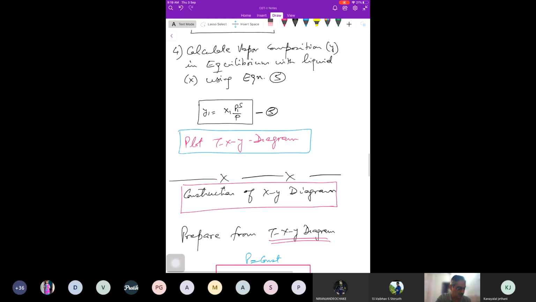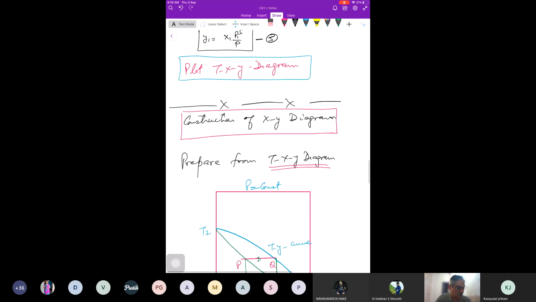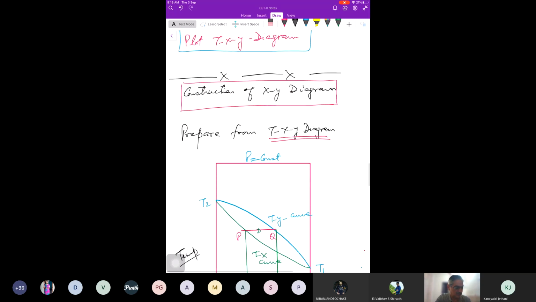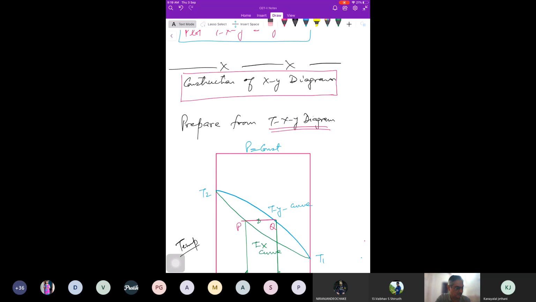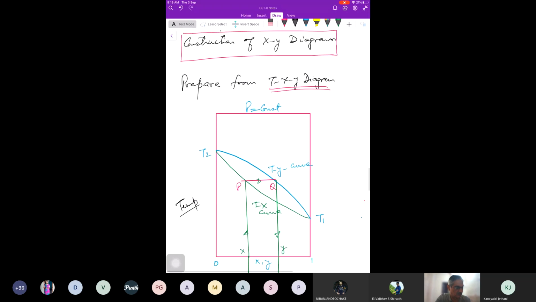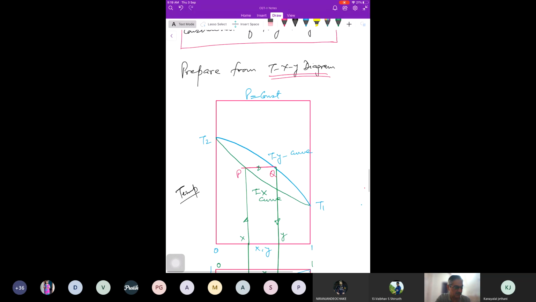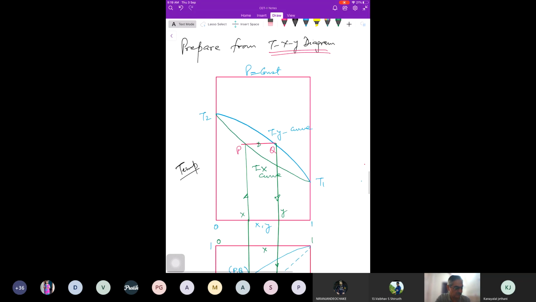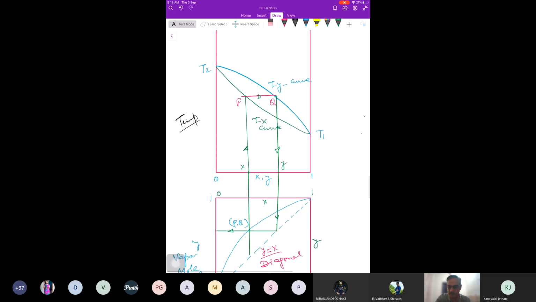Okay, so if there are no questions, let us proceed to third diagram, which is xy diagram or equilibrium diagram, right? And we can prepare it from the txy diagram. txy diagram लिया हमने.